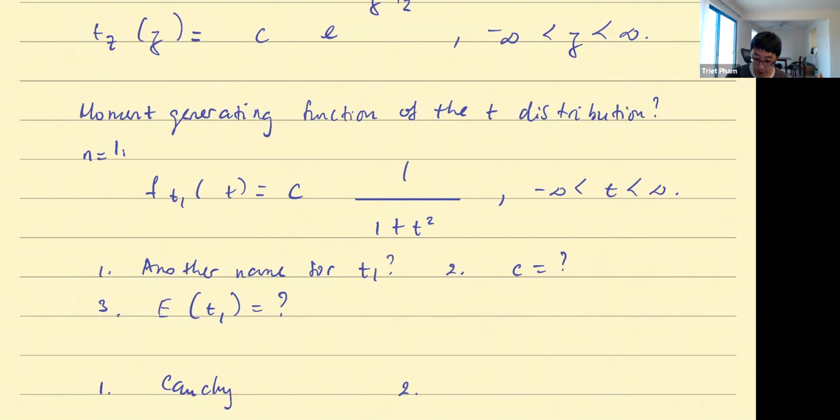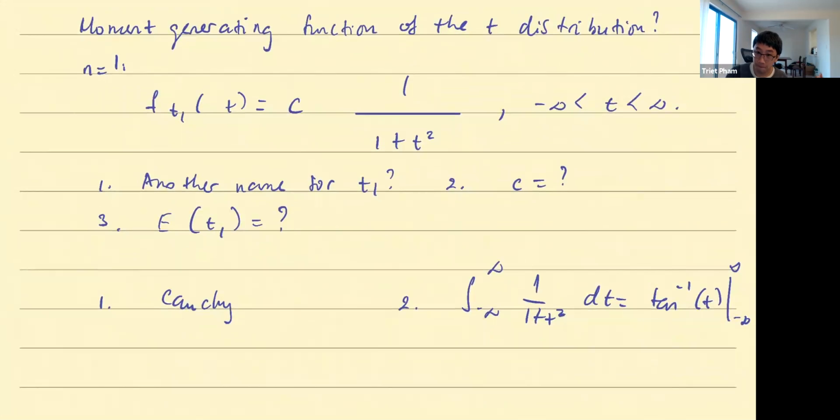So what's tan inverse at infinity? It's pi over 2.